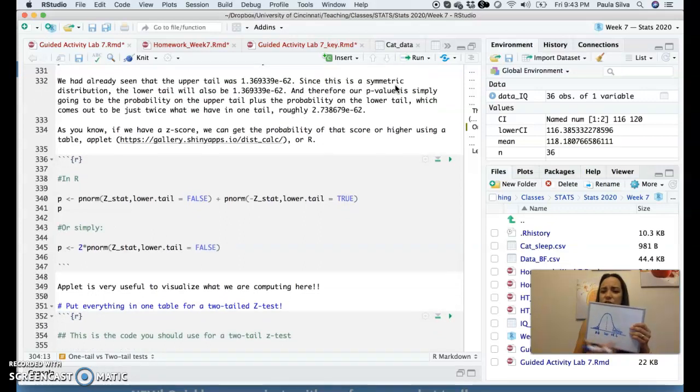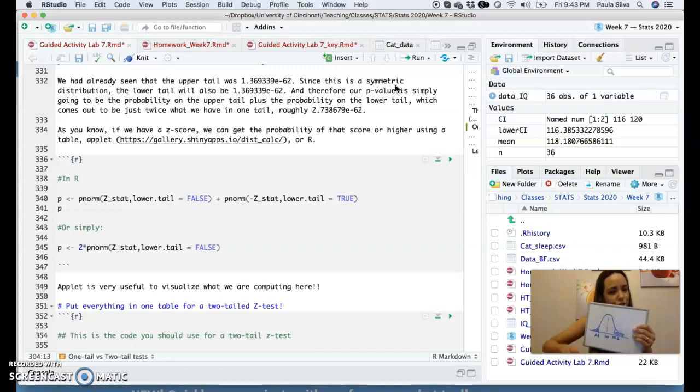But really, this is just for you to understand things conceptually, because in reality, because the distribution is symmetric, the probability of getting a value of 118 or higher is exactly the same as the probability of getting 81.8 or lower. So really, all we have to do is compute the p-value just as we did before and multiply it by 2.